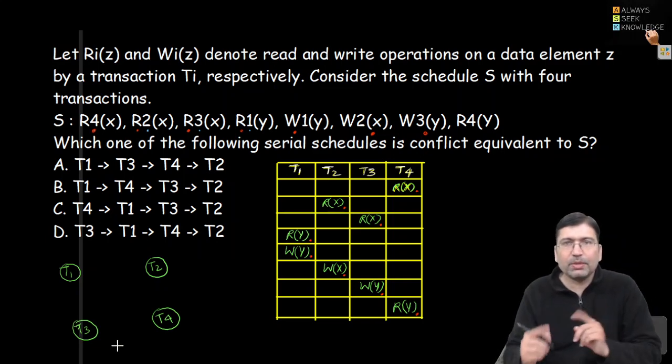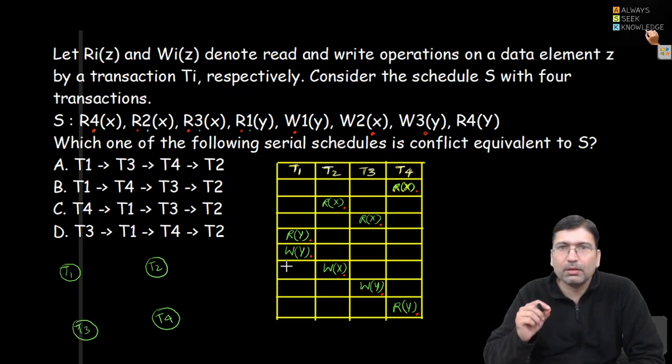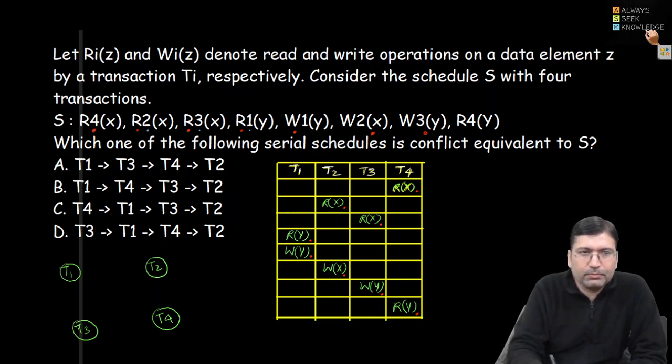Now we need to decide the sequencing based on the available conflicting operations. There can be basically three types of conflict: read-write conflict, write-read conflict, and write-write conflict. Okay, so let's check.